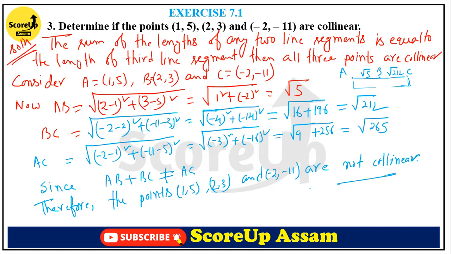Okay, I hope it is clear. Therefore, the points 1, 5, 3 and minus 2, minus 11 are not collinear.